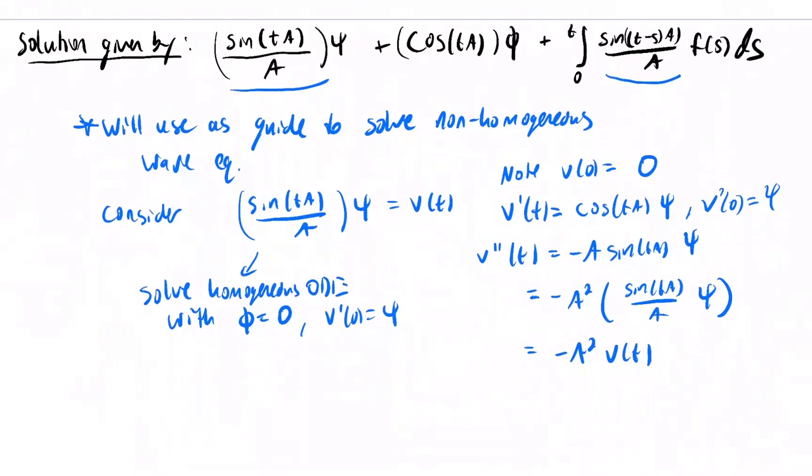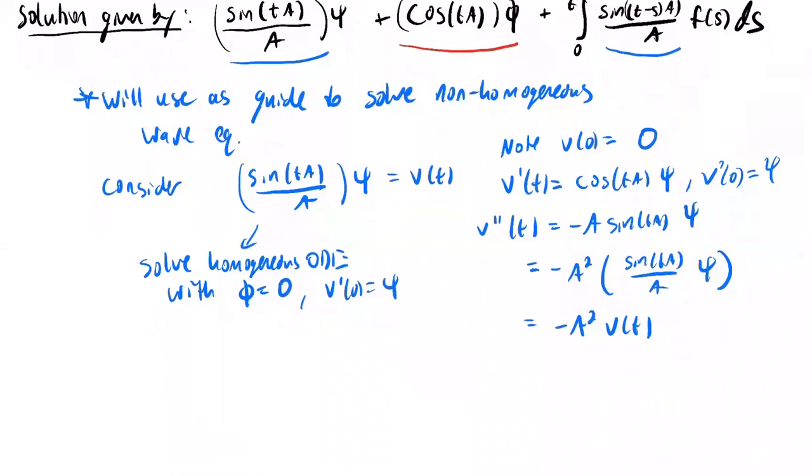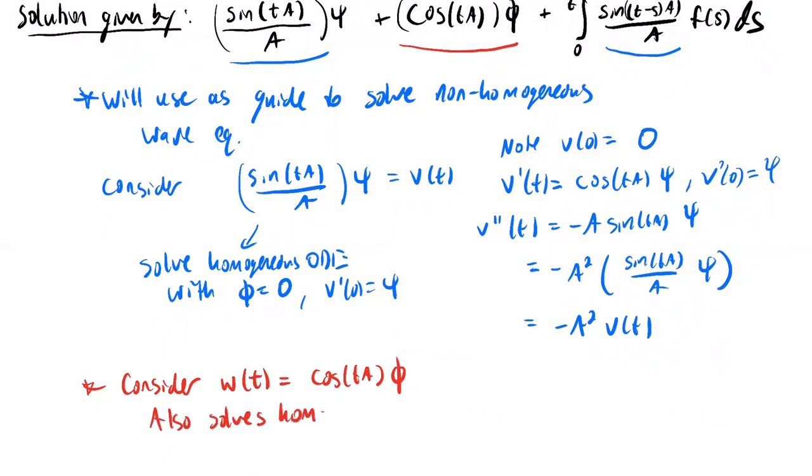And then finally, I just want to look at the other term here, which is the cosine term. Right, so now let's consider, let me call it, say, a little lowercase w of t, which is cosine of ta times phi. You can check that this also solves the homogeneous ODE above. And in particular, it's an easy calculation.